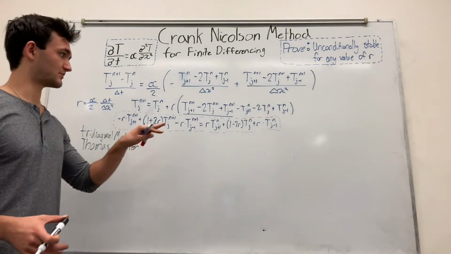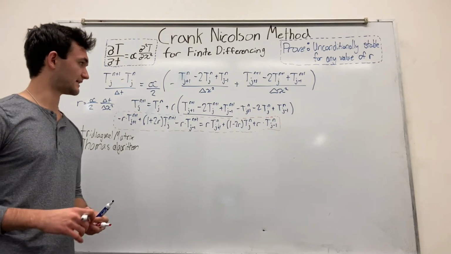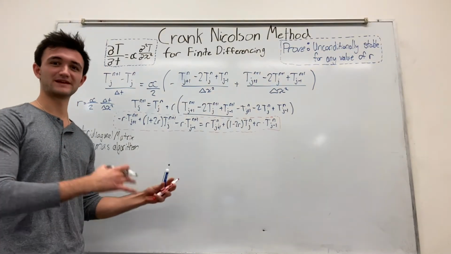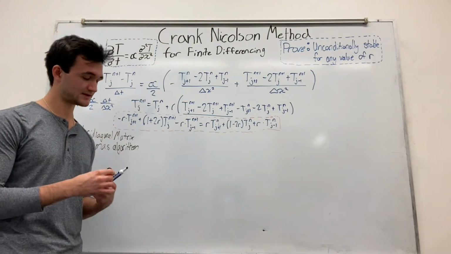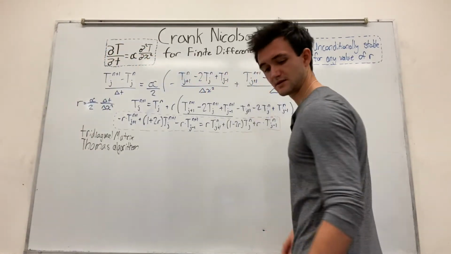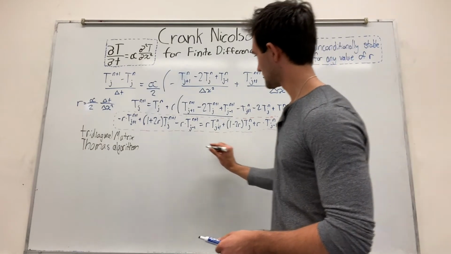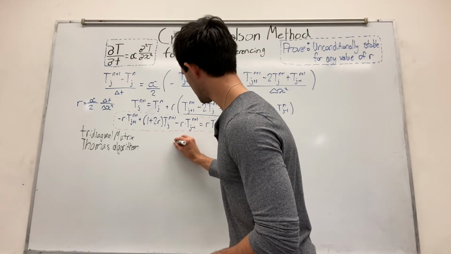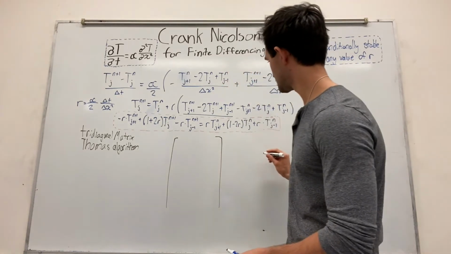So that can be solved by the Thomas algorithm, but just so you can further understand what's going on here, I'm going to break it up into matrices and analyze it to make sure it makes sense with our physical setup. I'm going to do this in a different color.